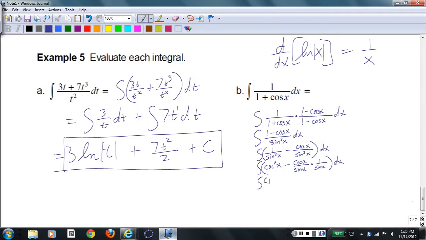Negative 1 times negative cosecant squared x minus, or plus, negative cotangent x cosecant x dx. Have I successfully spoiled the problem for you now?